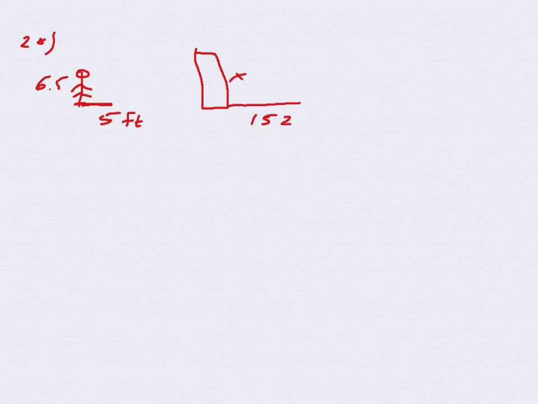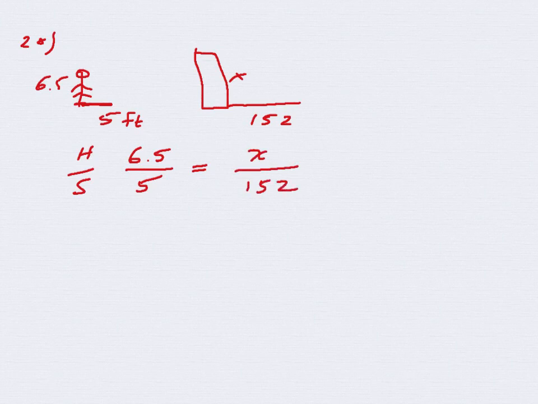How tall is the building? So that should remind you that if the height goes up, the shadow should go up. Just a direct proportion. So we're talking about height to shadow, 6.5 to 5. So the height of x to 152.